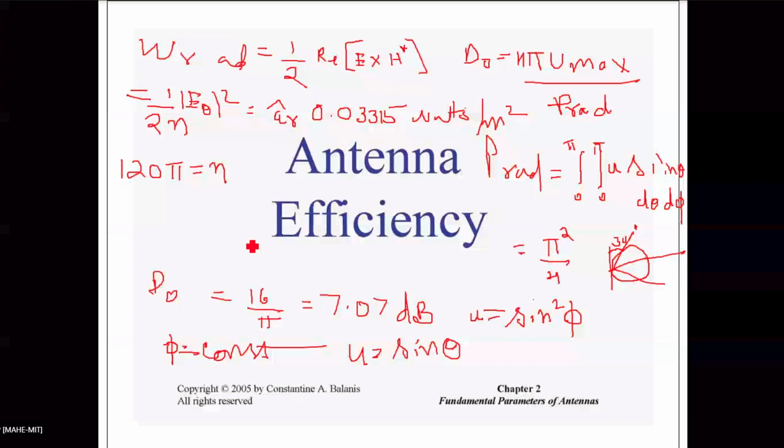So part B, total power radiated. How will you find out? P rad is the integral of W rad dot ds, which is W rad into 4 pi r square. Have you got it?